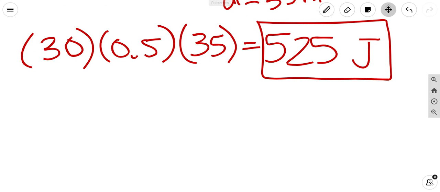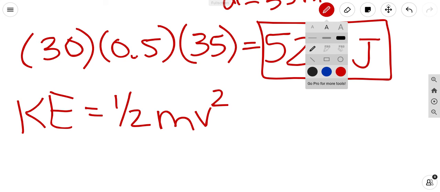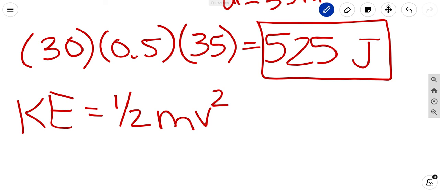Okay. Let's go back to the pencil. Maybe we want to calculate the kinetic energy that's being generated by doing a bicep curl with a pencil. Kinetic energy is 1/2 mv squared, 1/2 times mass times velocity squared. So maybe with this pencil analogy of doing bicep curls, the mass of the pencil is really tiny. Let's see here.